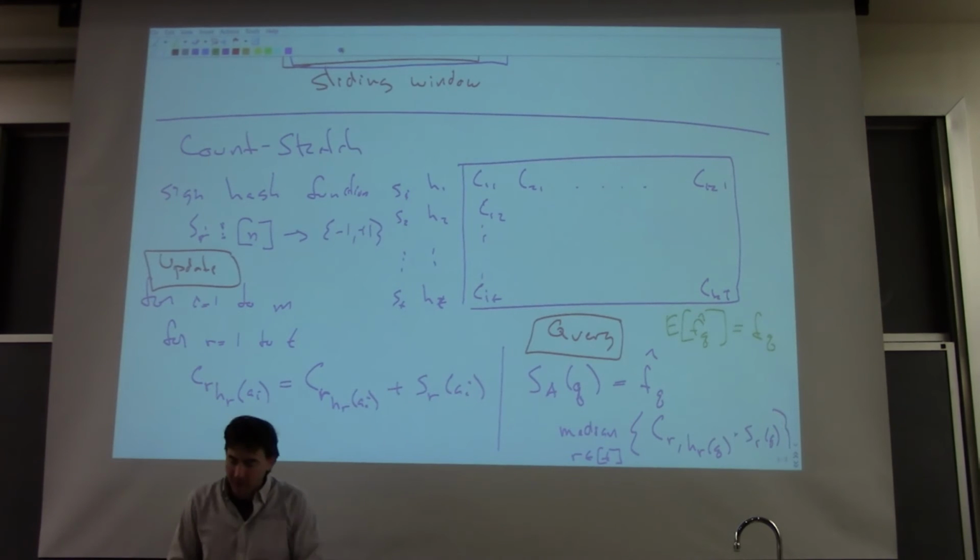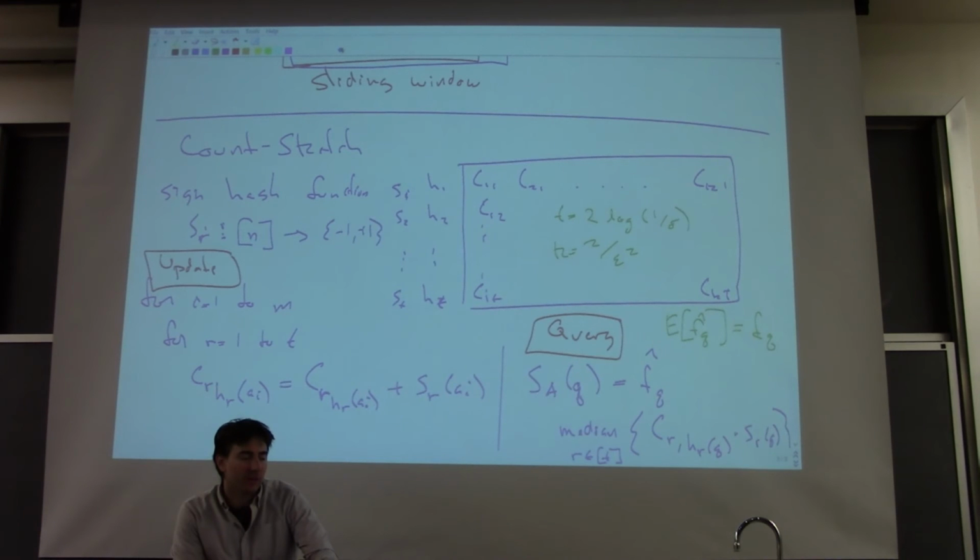And so T now ends up being, I think, something like 2 log of 1 over delta instead, because I had to say half of them are bad in either of the directions. And then K, I think, is again going to be 2 over epsilon squared.